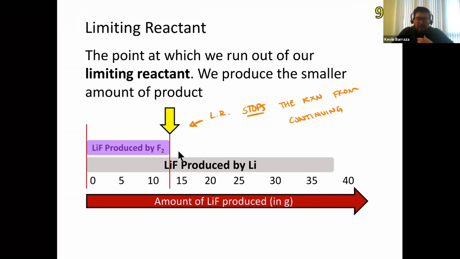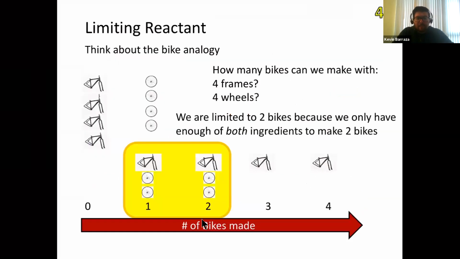And the answer is, if F2 is the limiting reactant, then lithium has to be left over at the end, because it could have continued on. Much like the bicycle idea, there are leftover frames. So when we define the limiting reactant, the excess reactant will have leftover.